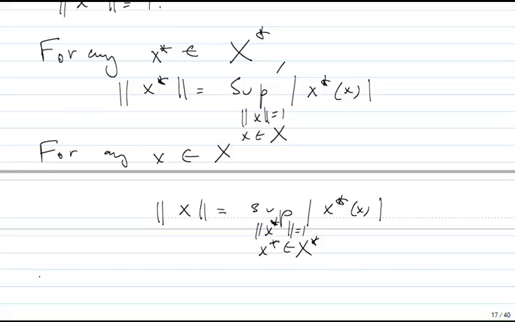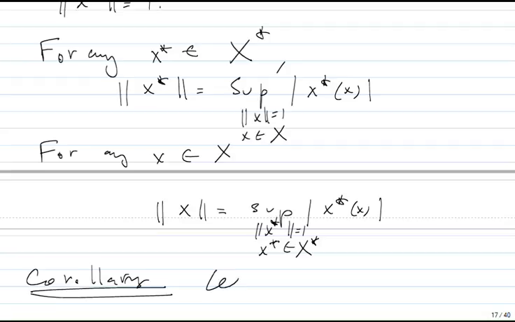Next corollary is useful. Corollary: let X be a normed vector space.